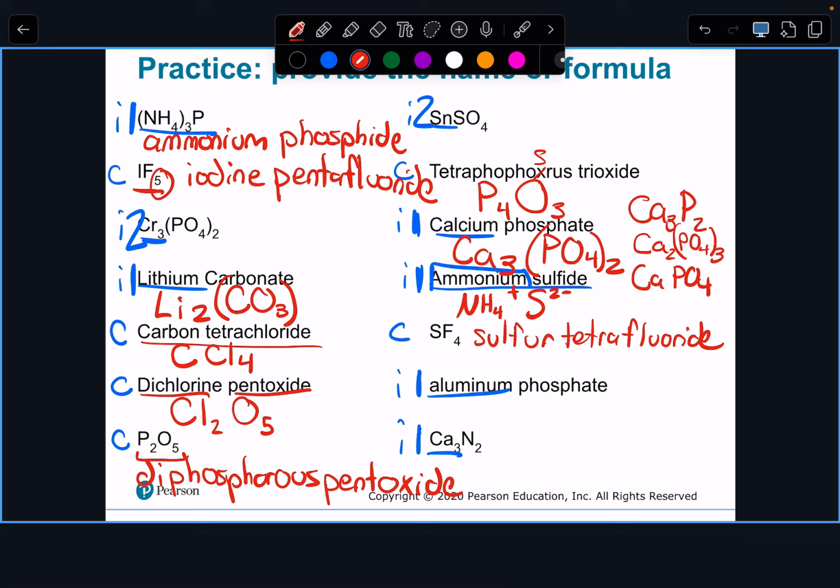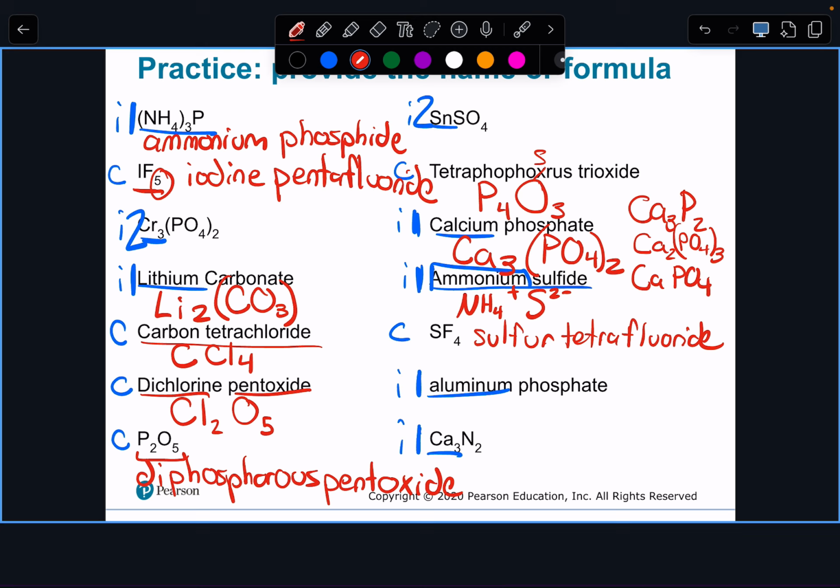Sulfate is SO4. Sulfite is SO3. I'm trying to think if there's other. I can't think of another one. Oh, HS is hydrogen sulfide. That's hydrogen sulfide, so not just sulfide.